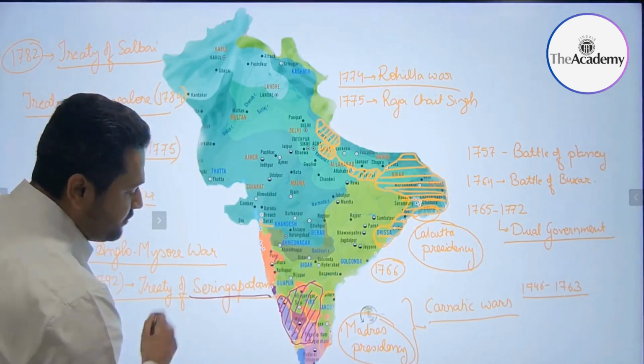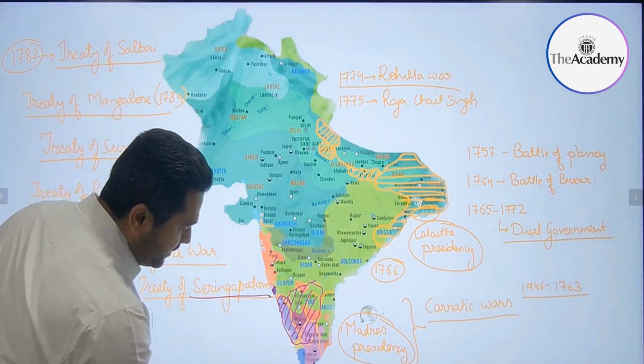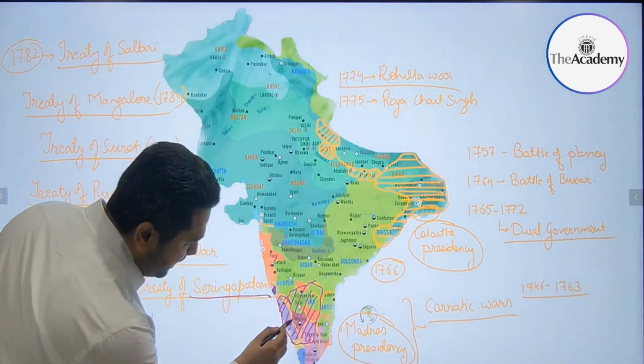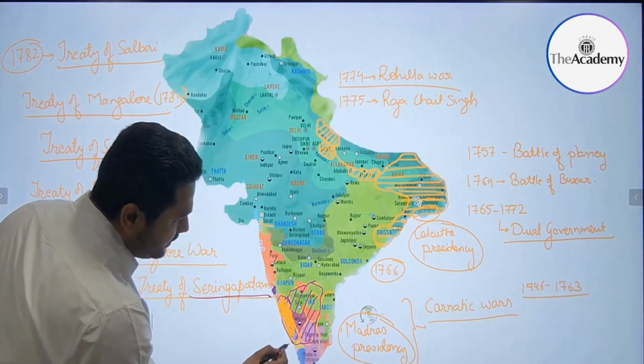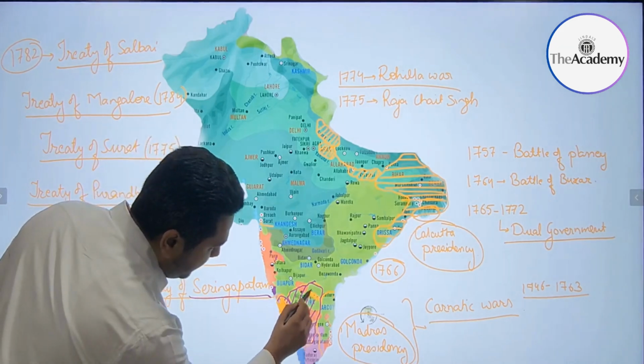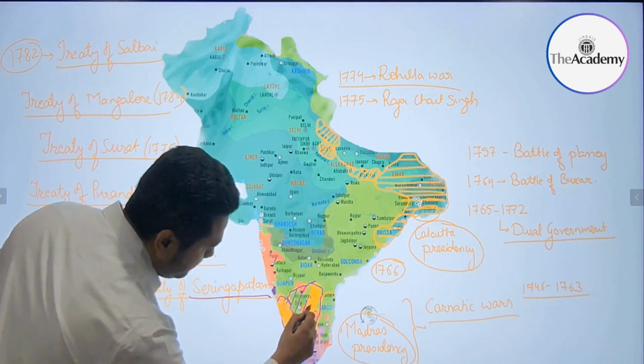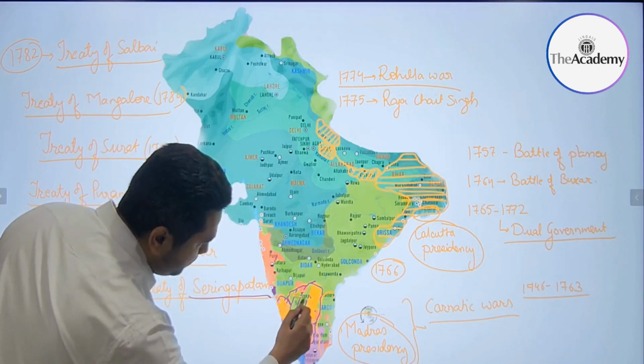Now, following this Treaty of Seringapatam, the Britishers annexed the Malabar area from Mysore. They annexed the Baramahal area from Mysore, and they also annexed the Dindigul area from Mysore.